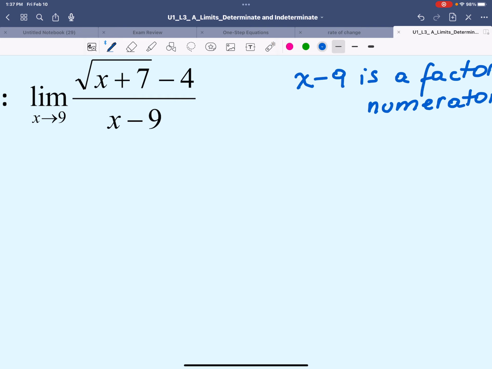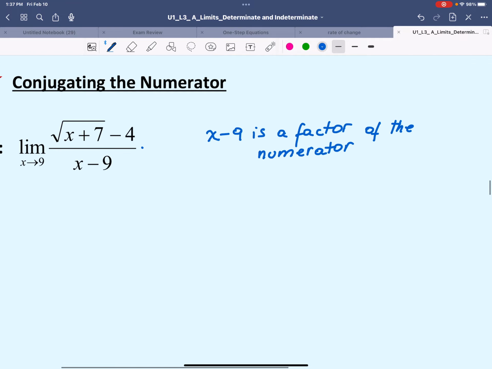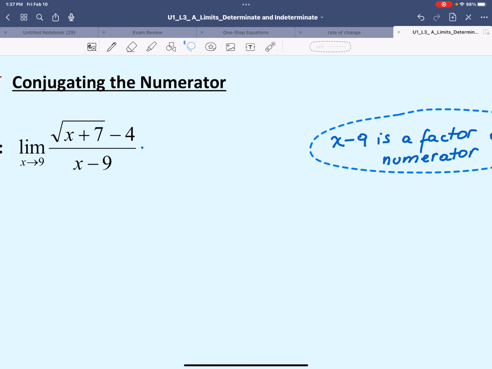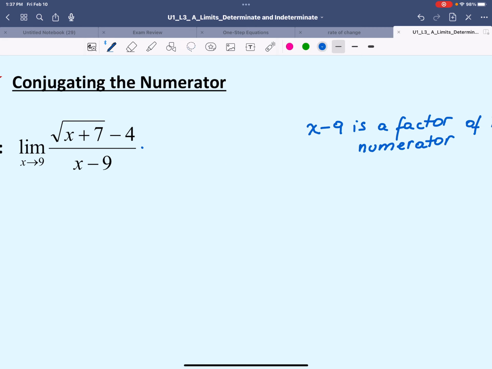The conjugate will be exactly the same as the expression in the numerator, but the sign between the terms will have to be positive. So you see this is a negative, so we change it to positive. Everything else stays the same. So the root of x plus 7 stays the same, and then plus 4.